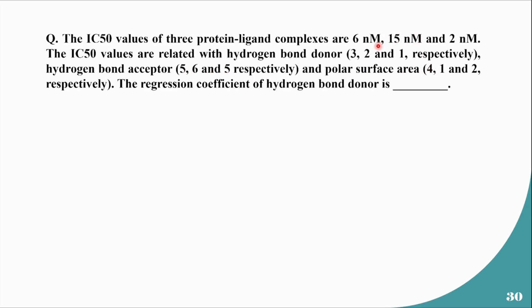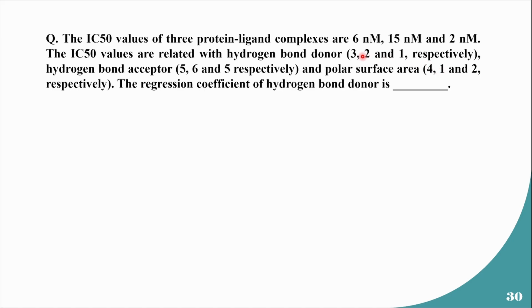For 15 nanomolar, we have 2 hydrogen bond donor, 6 hydrogen bond acceptor, and 1 polar surface area score, right? So this way, they have given us some parameters which we can assume are contributing to the IC50 value. Now, what they're asking is what the regression coefficient for hydrogen bond donor will be.